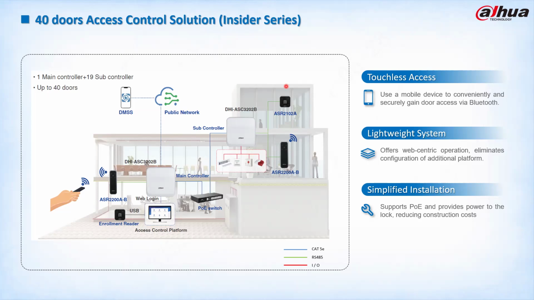At the same time, it has what we call a lightweight system. It offers web-centric operations that eliminate configuration of additional platforms, let's say, for example, the Smart VSS or the DSS. If those two are out of your reach, you can use its web-centric platform to do the configuration and management of the other devices connected to it.